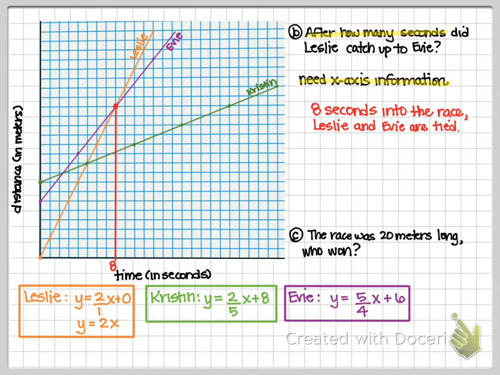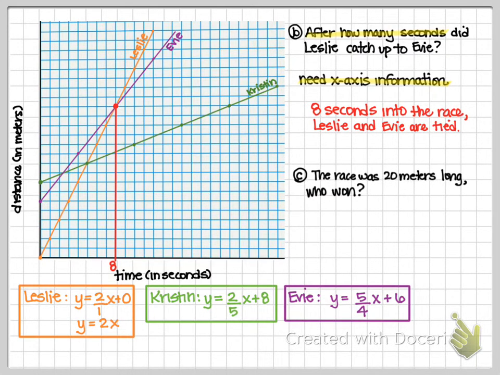Okay, now let's take a look at this part C. I'm going to move it up so we have a little bit more room. The race was 20 meters long, so we need to go up to where 20 meters would have been.